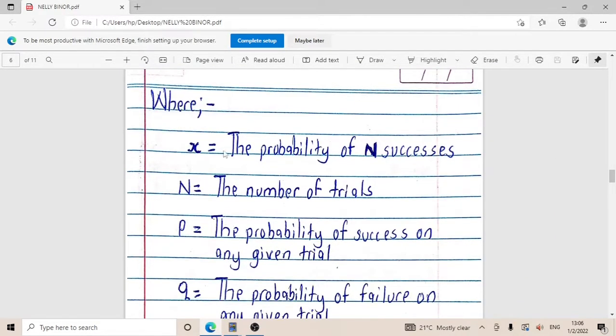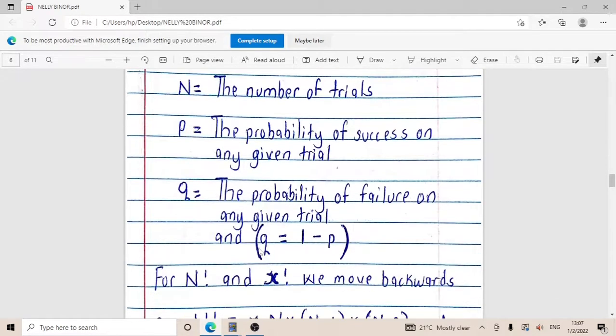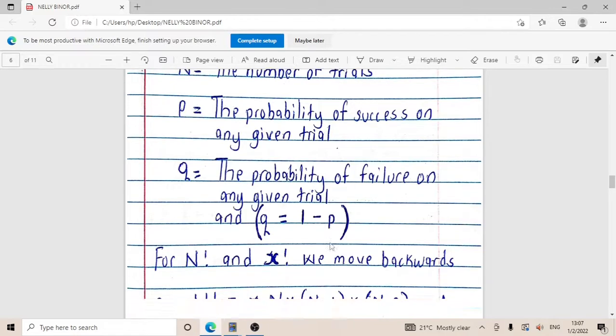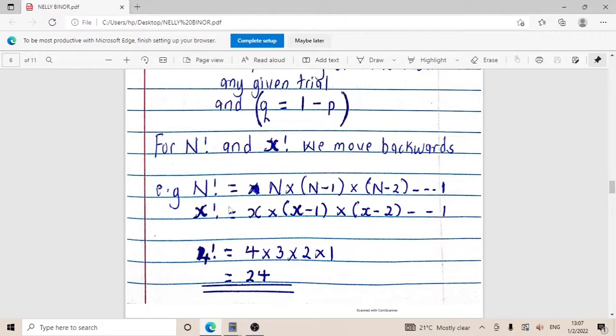Where x is the number of successes and n is the number of trials, p is the probability of success on any given trial, and q is the probability of failure on any given trial, whereby q is always equal to 1 minus p. For n factorial and x factorial, we move backwards.